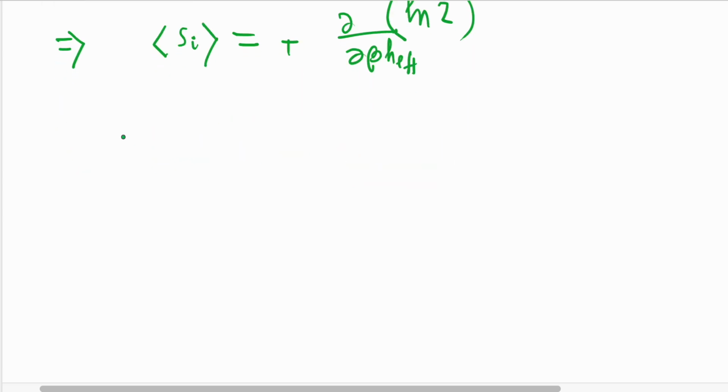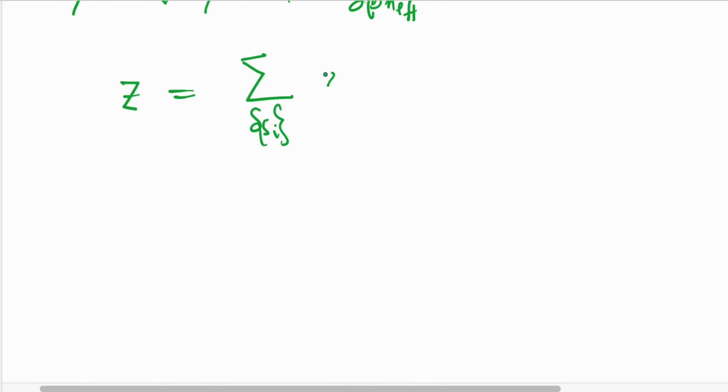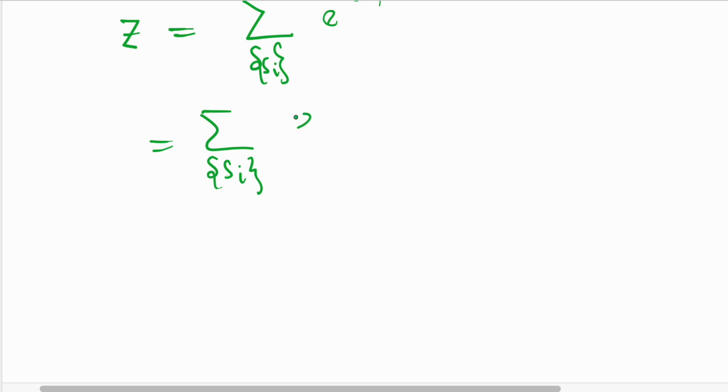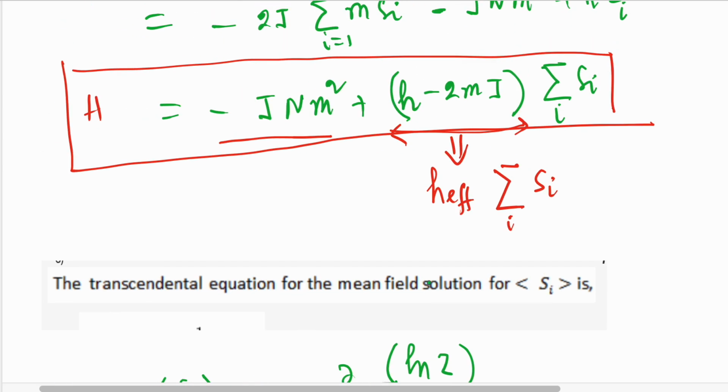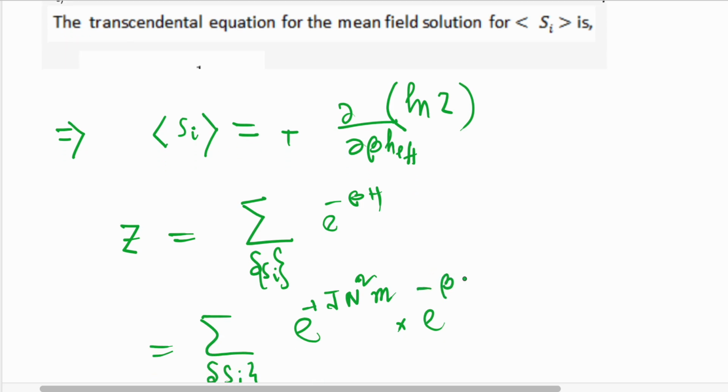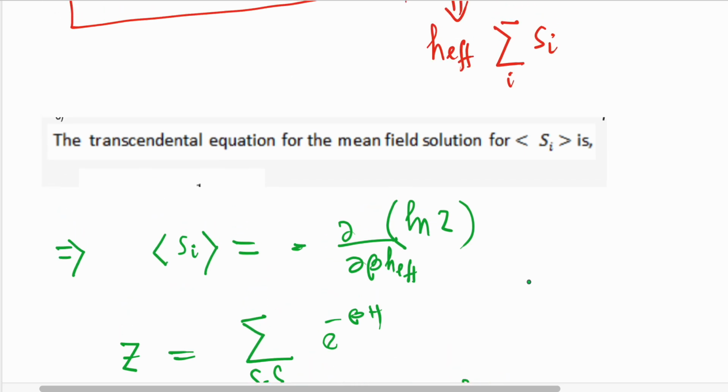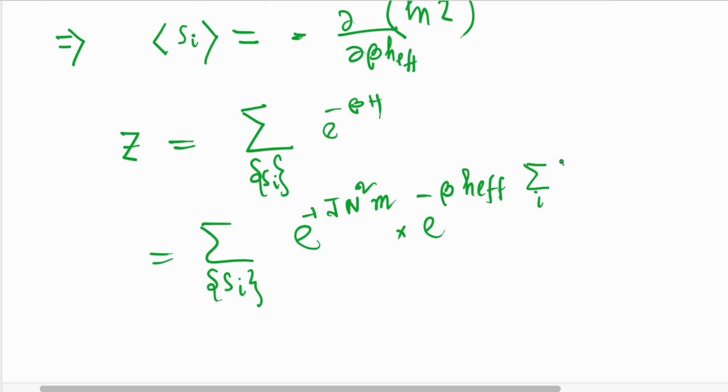The partition function is the sum over all possible combinations of Si's of e to the power minus beta H. The first term will be e to the power minus J N M square, and the second term will be e to the power minus beta h effective summation of i Si.